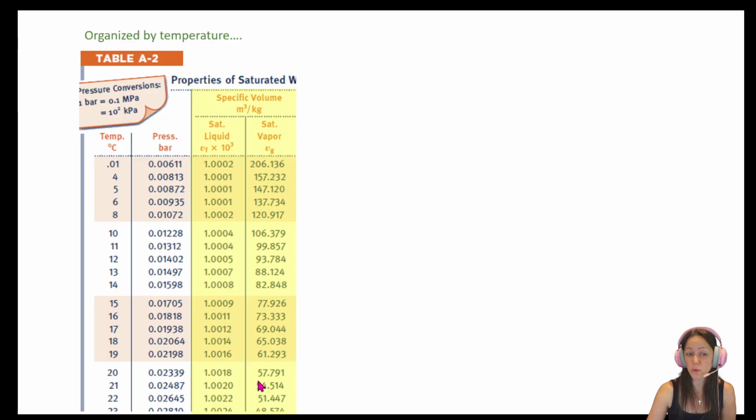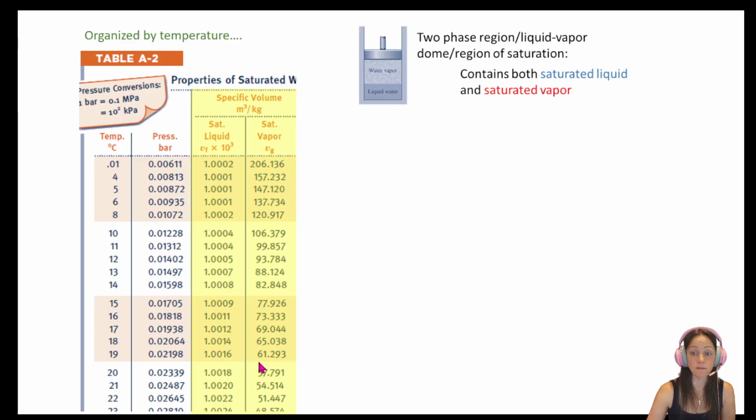Alrighty. So now let's look at our specific volume. We've got two things there, v sub f and v sub g. Remember, in your two-phase region, you have two phases, right? You have some amount of saturated liquid, some amount of saturated vapor. Maybe it's all saturated liquid if you're on that saturated liquid line, or all saturated vapor if you're on that saturated vapor line. But you've got some amount of each of those.